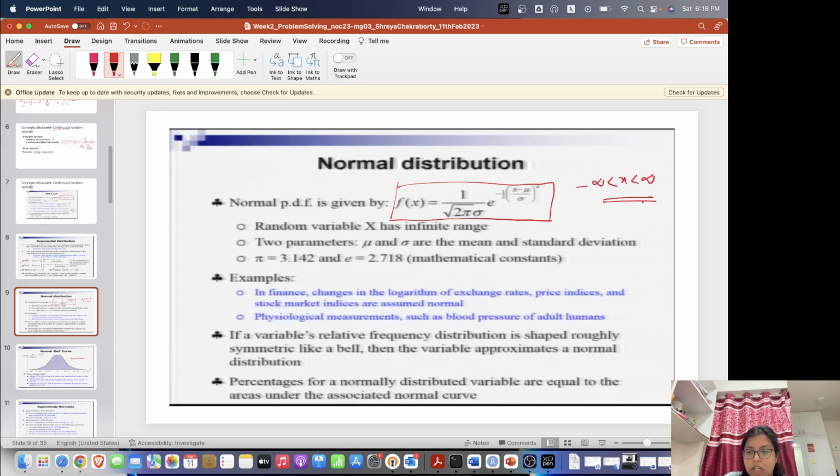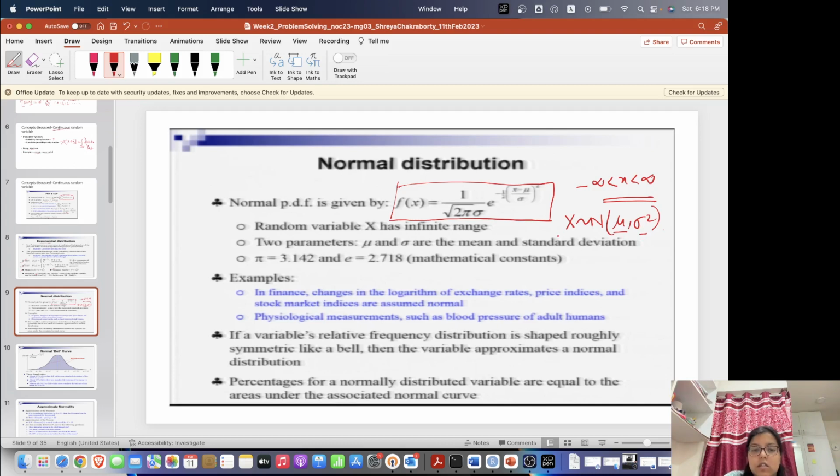That is the range; it has an infinite range. There are two parameters of this model. If I write x follows normal mu sigma square, then mu is the mean and sigma square is the square of the standard deviation.